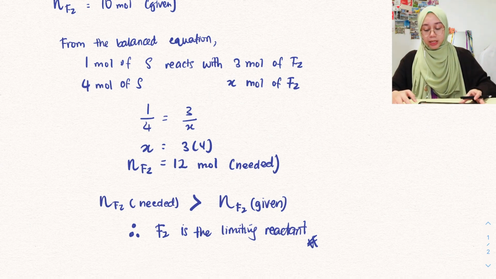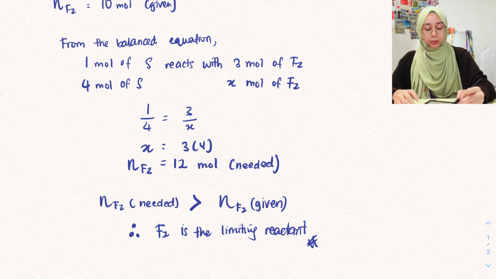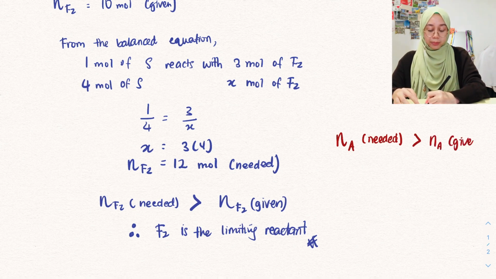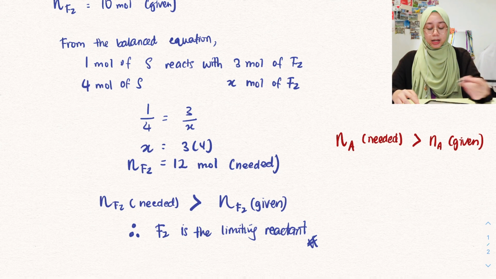Okay, so basically kita boleh conclude kan kelas, kita boleh conclude yang if mole A needed more than mole A given, so dia macam sama case dengan fluorine ni tadi kan. So we know that A is limiting reactant.